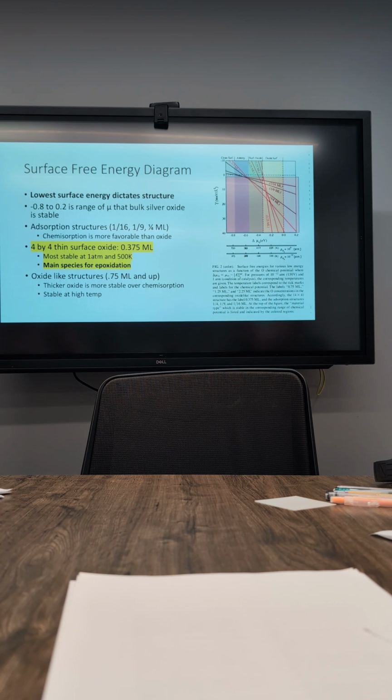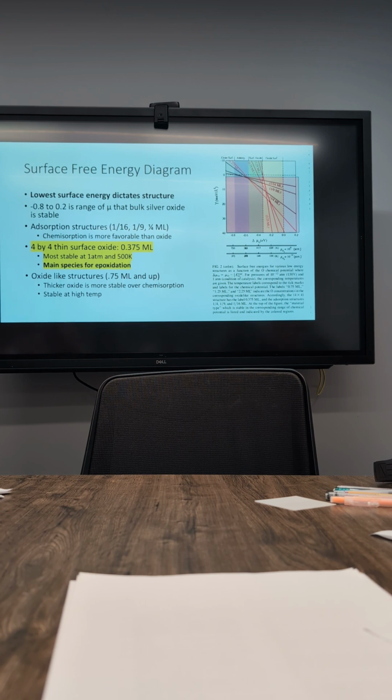And then when we go to higher oxygen concentration, 0.75 and up, we have those other red lines. Those are going to be where thicker oxide is more stable over chemisorption. So if you're thinking about higher temperatures, like the other reaction I was talking about, the formaldehyde reaction, you're probably going to think that's a more stable structure.